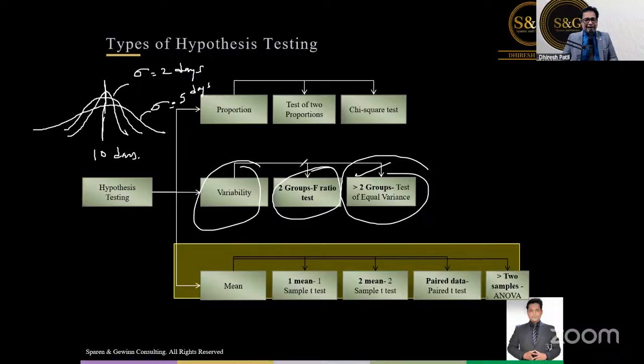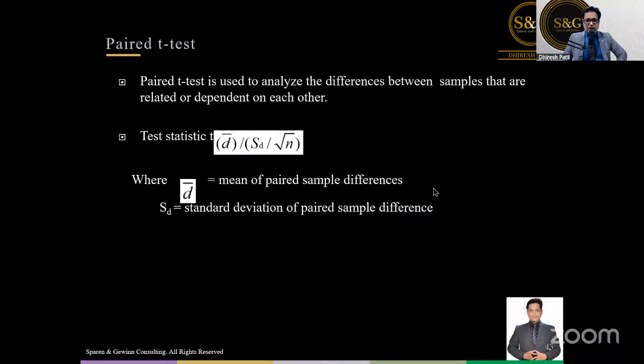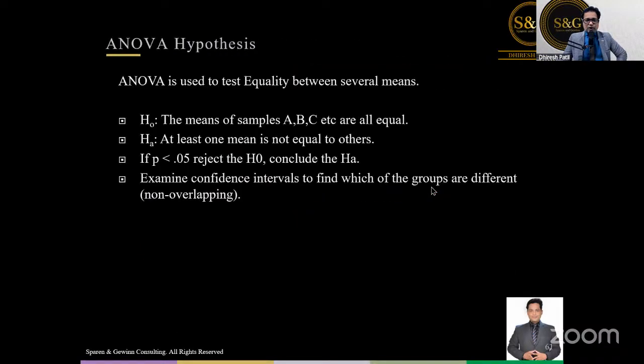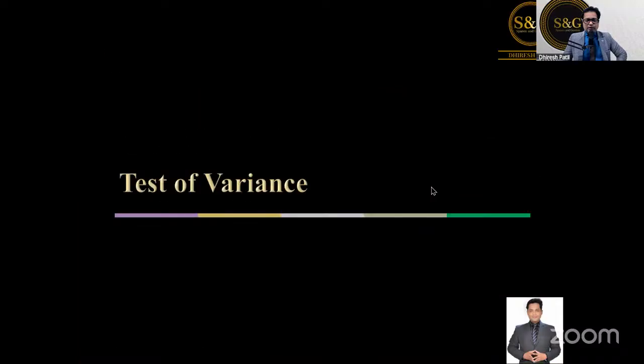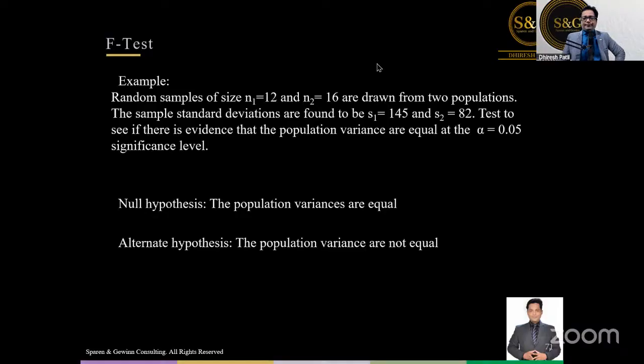Okay, so let's quickly take some examples of this F ratio test and test of equal variance. The t-test is done, ANOVA is done, so let's talk about the F ratio test. Let's take an example given in your curriculum.